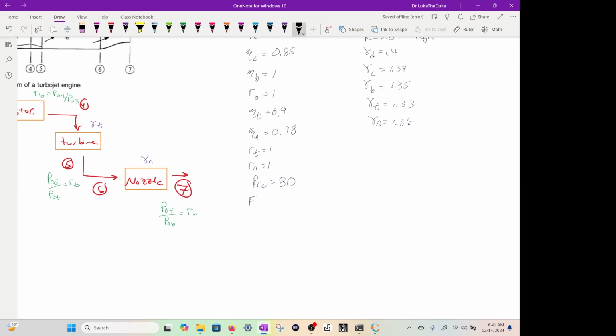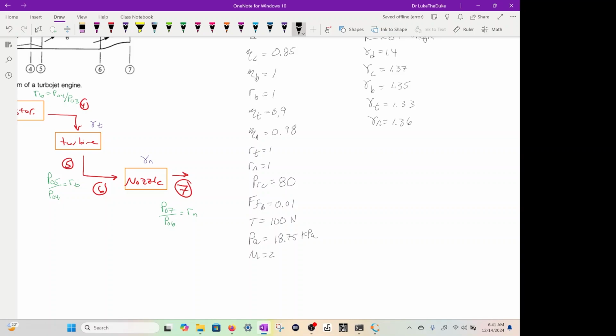The fraction of fuel left over after combustion that's in the afterburner will be 1%. We're going to base this on 100 newtons of thrust. Atmospheric conditions or ambient pressure 18.75 kilopascals.